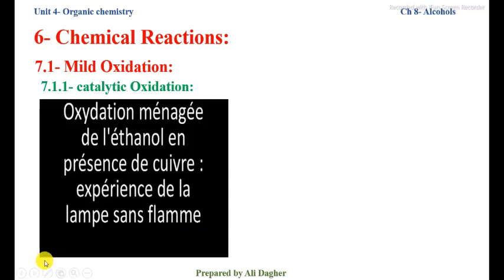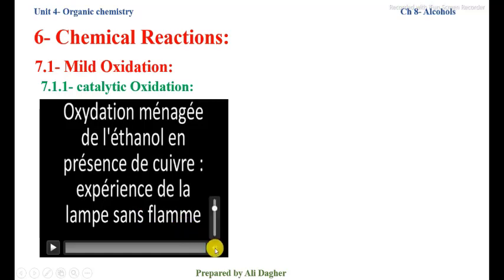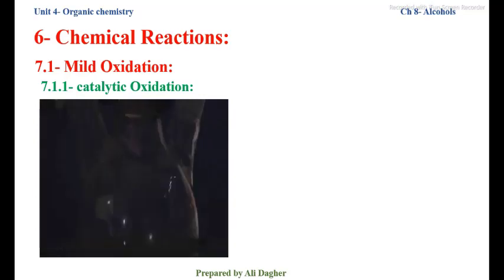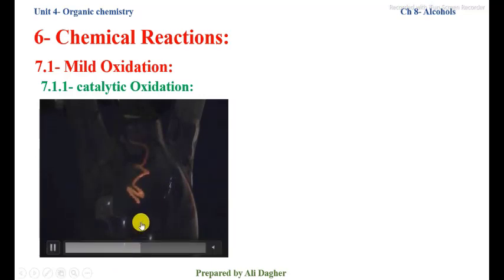This video shows the catalytic oxidation of ethanol in presence of copper as catalyst. Flameless lamp experiment. First, we heat the copper wire. When it becomes hot, we put it in the flask containing alcohol, and the vapor of alcohol undergoes oxidation when it's in contact with the copper wire.